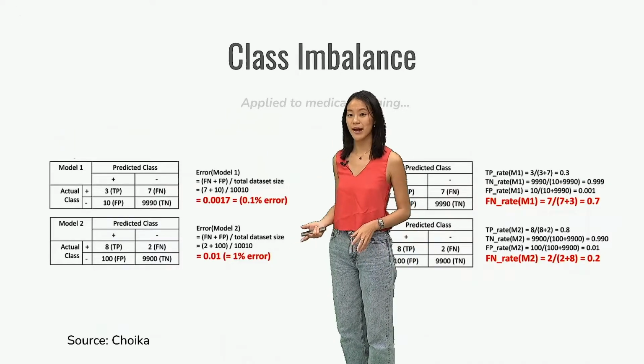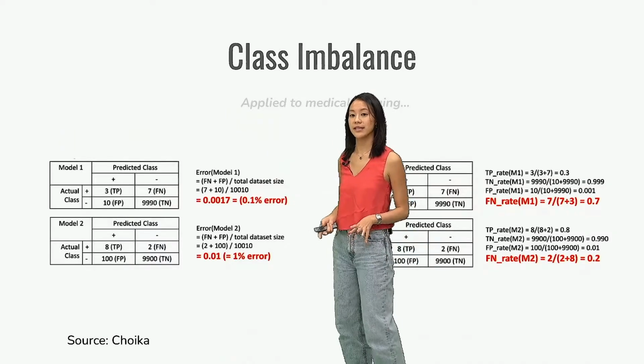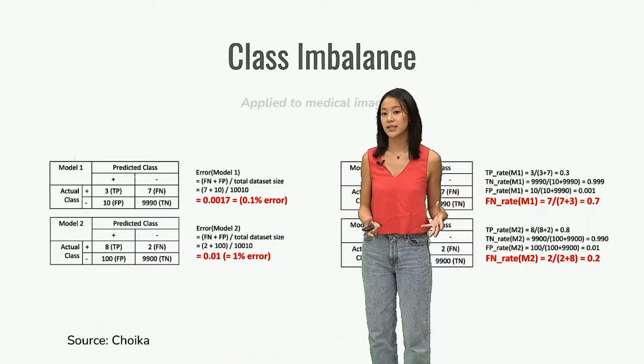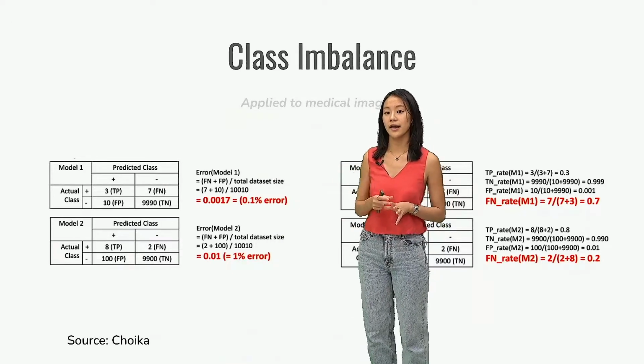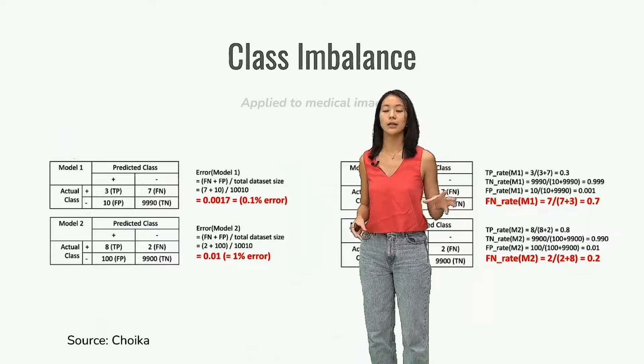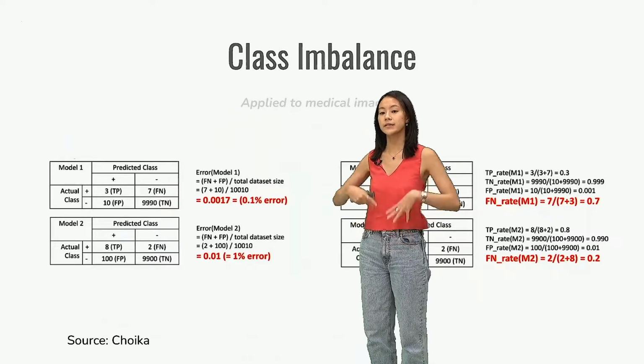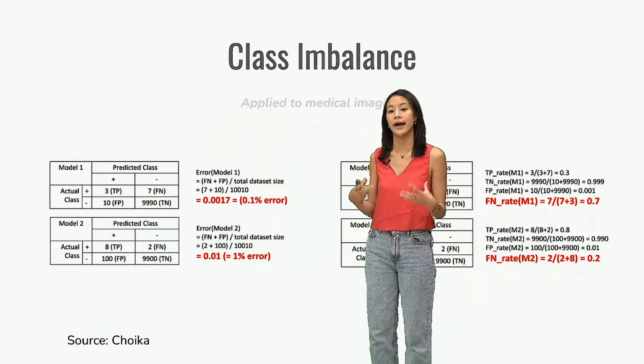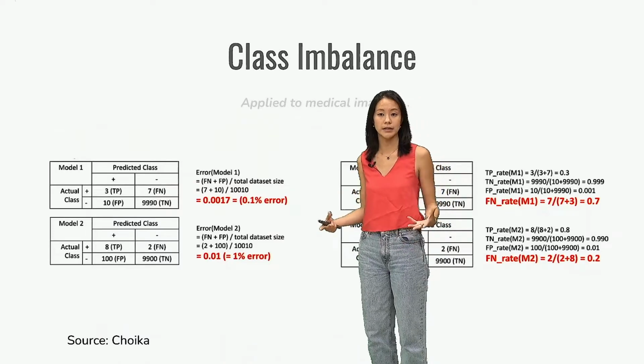But if we looked at the math on the left side, if we only looked at the number of right predictions, we can see that the error rate for model 1 is a lot lower than model 2. So this gives us a false sense of accuracy in the way that we're looking at this class imbalance.